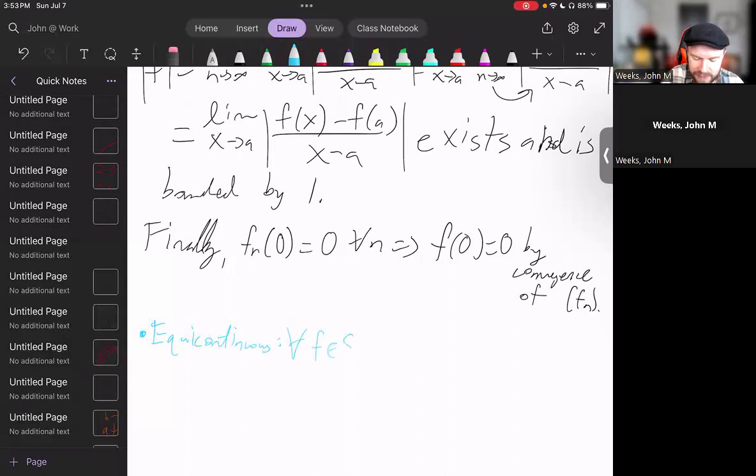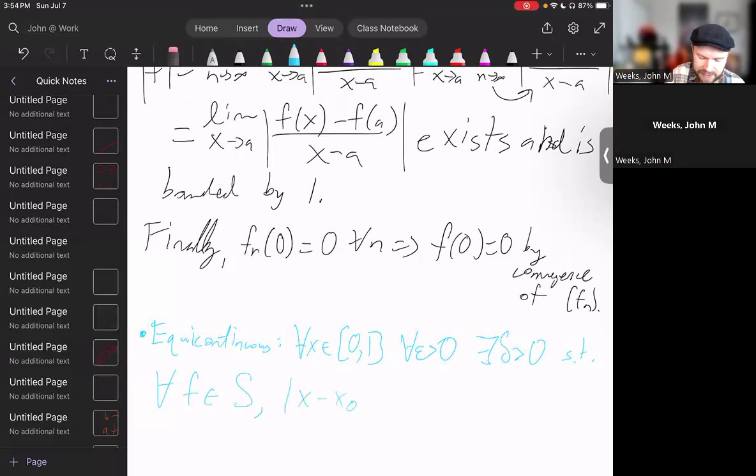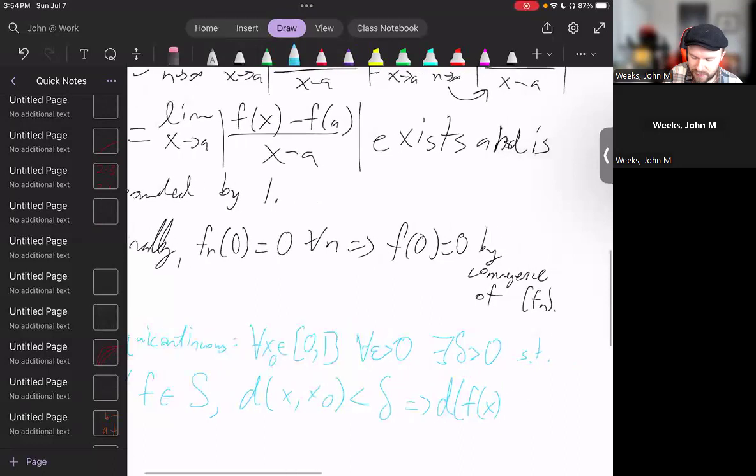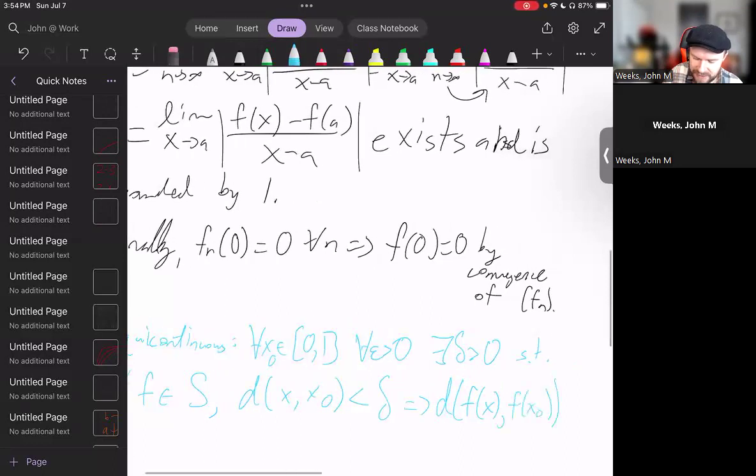For all x inside of 0, 1, and for all epsilon greater than 0, there exists a delta greater than 0, such that for all f inside of our set S, the distance between x and x naught, which would be an absolute value, but we'll go ahead and write it in our metric space notation, the distance from x to x naught inside of this space is less than delta, implies that the distance between corresponding y values for these functions is less than epsilon.